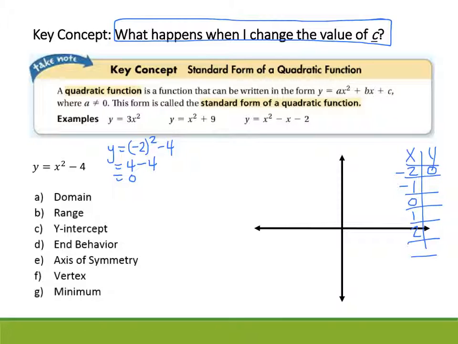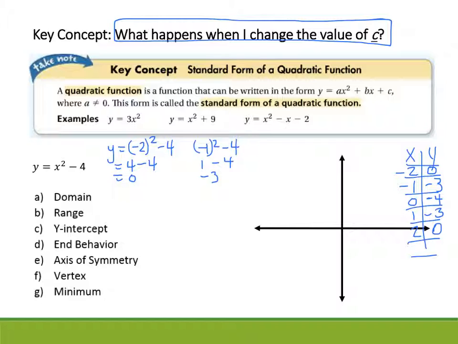What about -1? If I do -1 squared minus 4, that's going to give me 1 minus 4, which is -3. If I put in 0, that's going to give me 0 minus 4, which is -4. If I put in 1, again that's 1 minus 4, which is -3. And 2, well 2 squared is 4, and 4 minus 4 is 0.